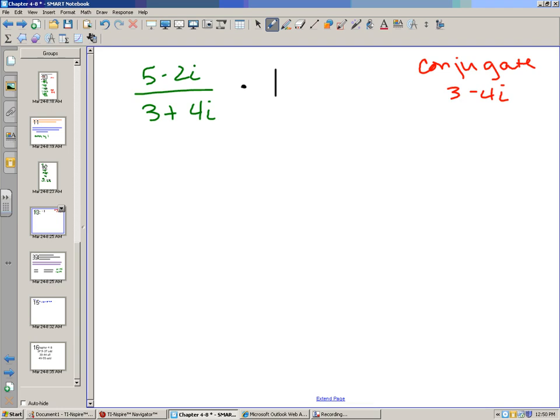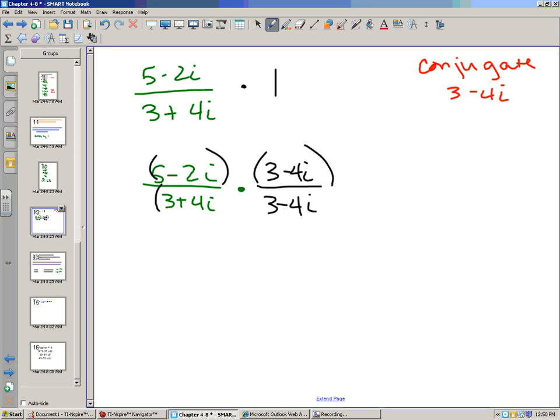So now I'm going to have 5 minus 2i over 3 plus 4i, and I'm going to multiply that by the conjugate, which is 3 minus 4i over 3 minus 4i. The conjugate is going to be the real number stays the same, and it's the opposite sign of the imaginary part. Okay? And now, you FOIL the top, and you FOIL the bottom.